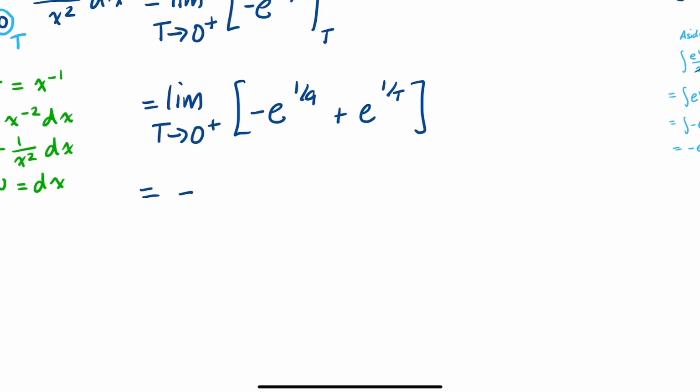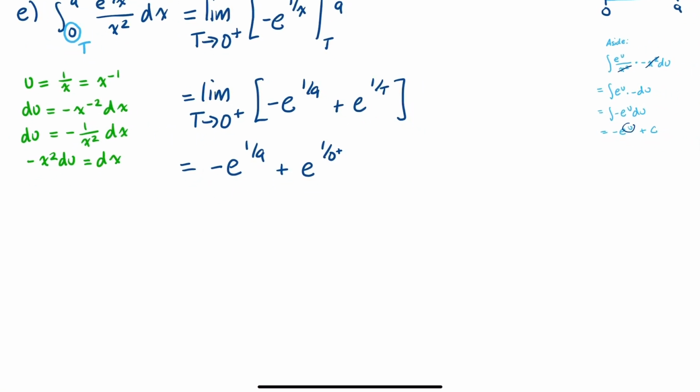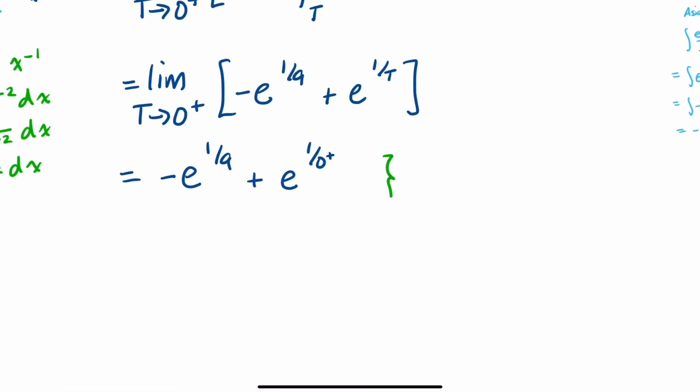So we're going to get negative e to the 1 over 9 plus e to the 1 over 0. And as you can see, here we're going to get e to the power of infinity. Because recall that it's going to be a relatively big number divided by a very, very small number, and that's going to approach infinity.